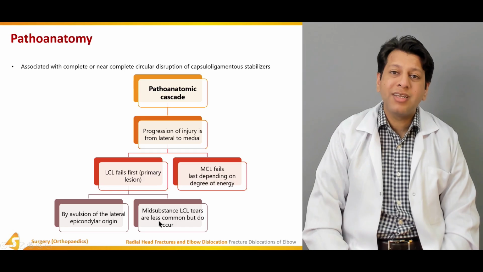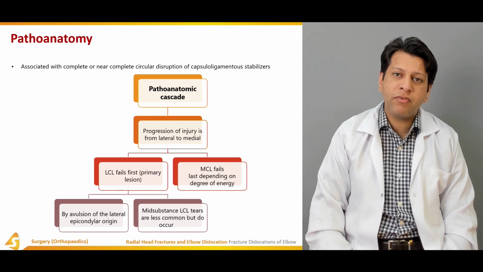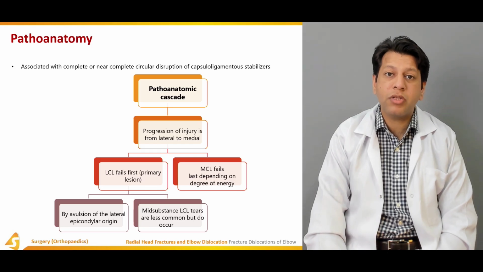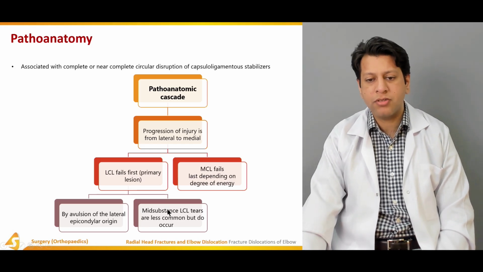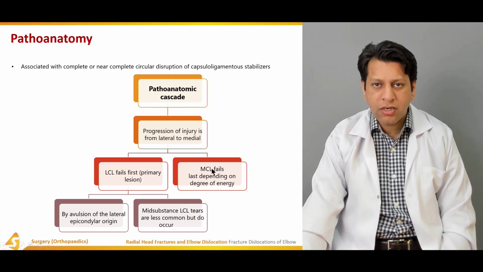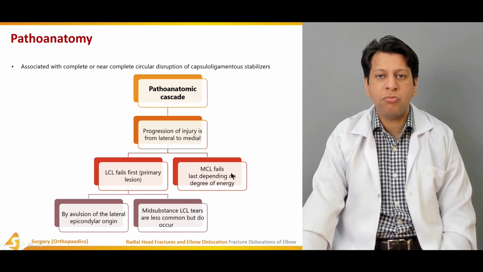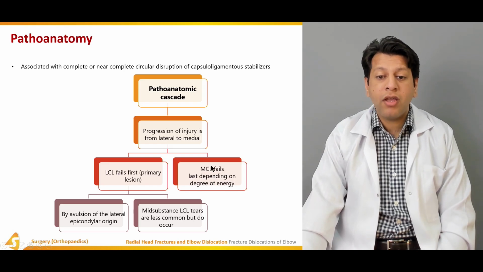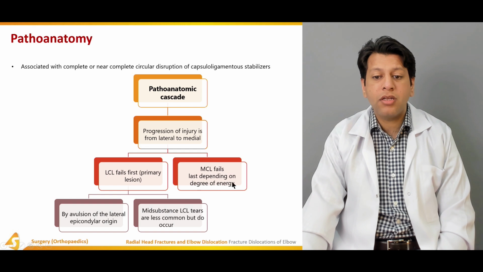Although mid-substance tears are less common, first and foremost the lateral collateral ligament gets avulsed from the lateral epicondyle of the humerus. Then the force is transmitted posteriorly, eventually leading to the medial side of the elbow, that is the medial collateral ligament. The medial collateral ligament fails last, depending upon the degree of injury.